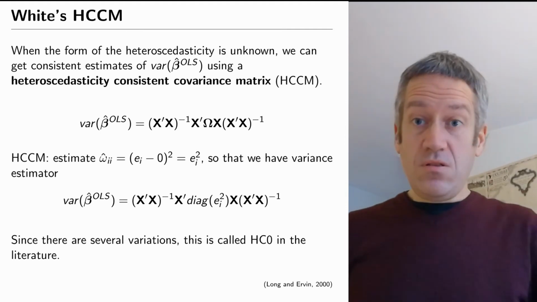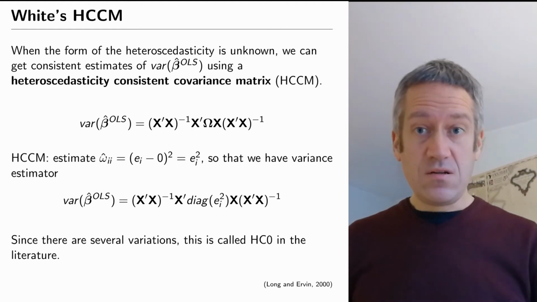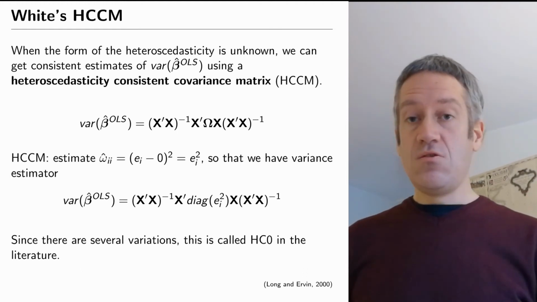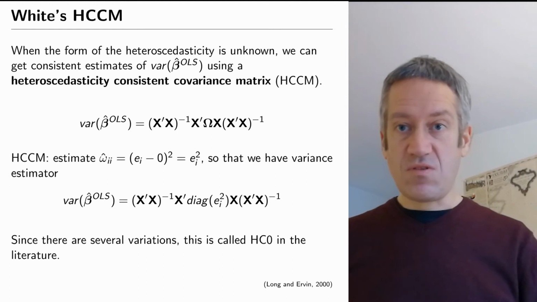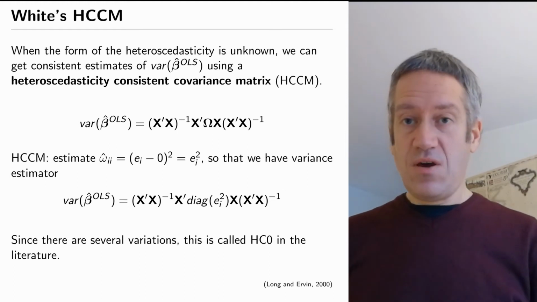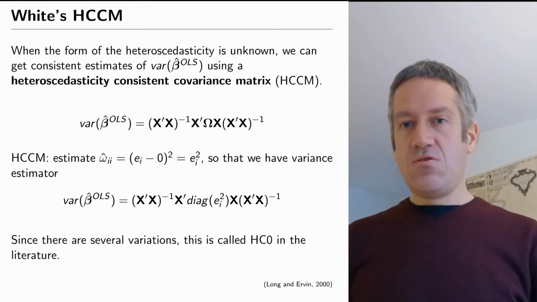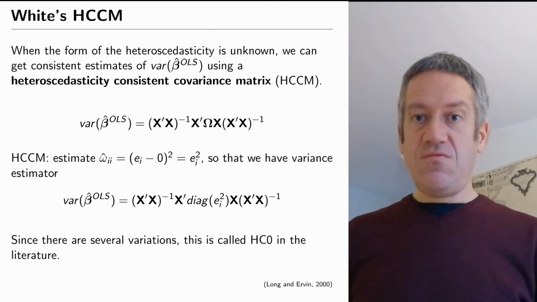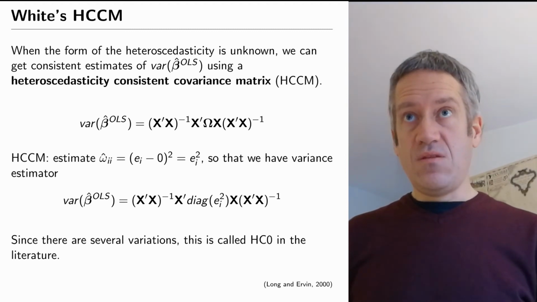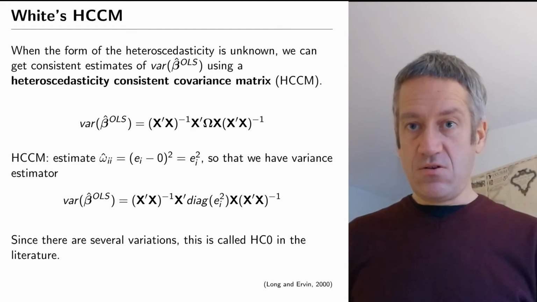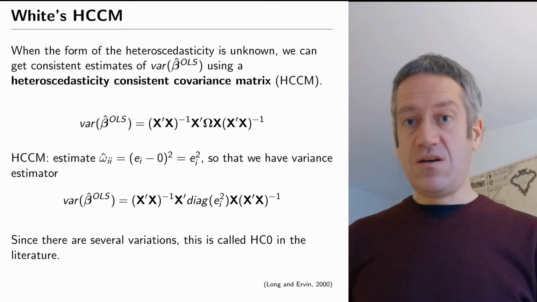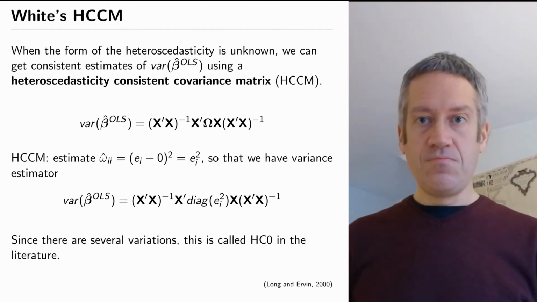And a variance is a squared distance from the mean. So if your regression line is the mean and you take this residual and you square that distance, you have an estimate of the variance. So in other words, the estimator for the variance of the error for a particular term is the squared residual of that particular term.